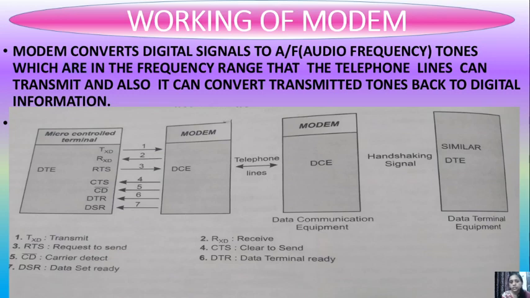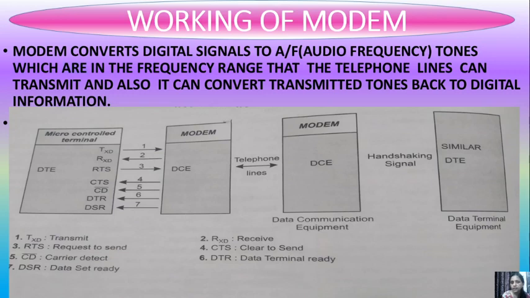In this image, four boxes are given. At the left corner and at the right corner, you can see written DTE, data terminal equipment. The left side box is DTE and the right side box is also DTE, data terminal equipment.